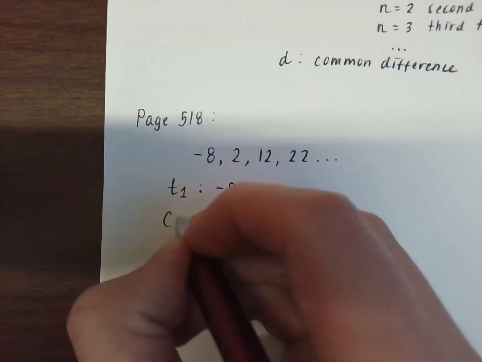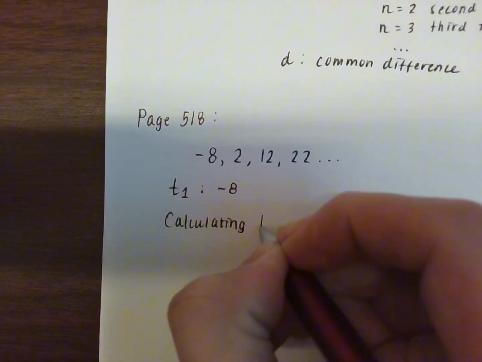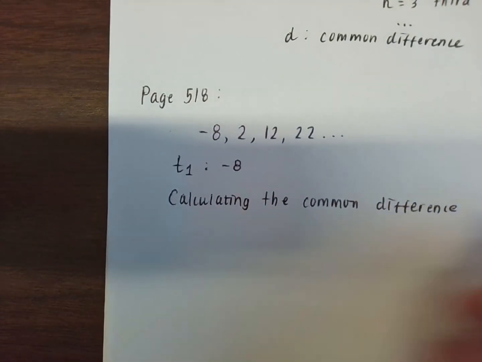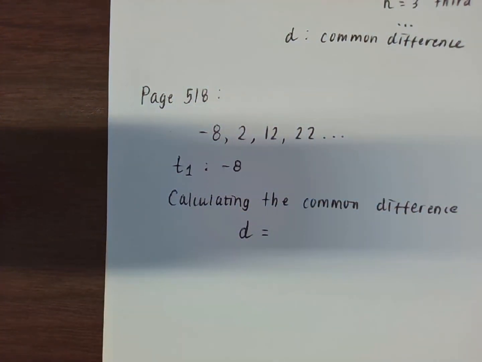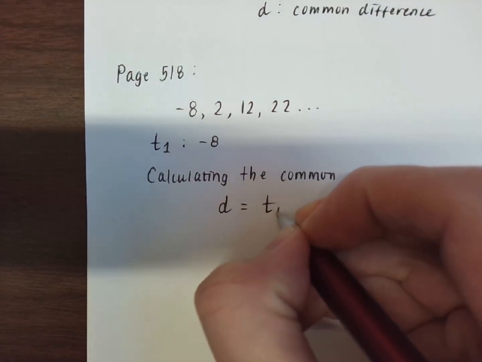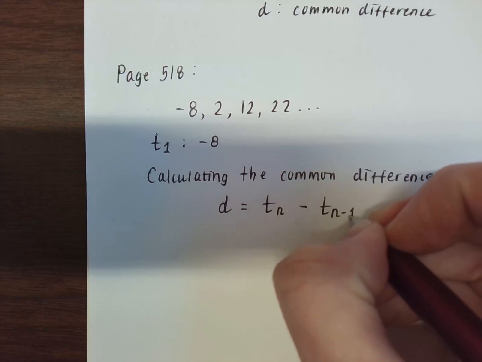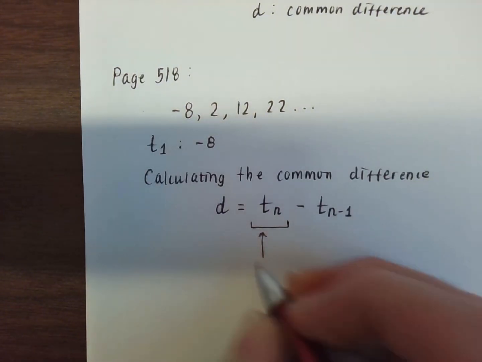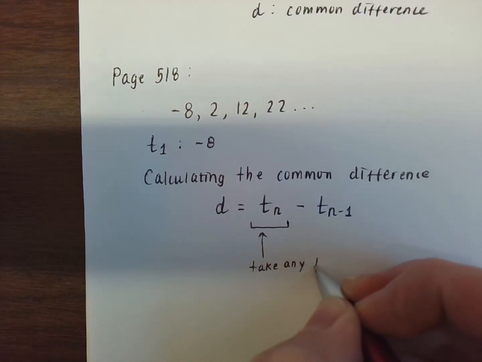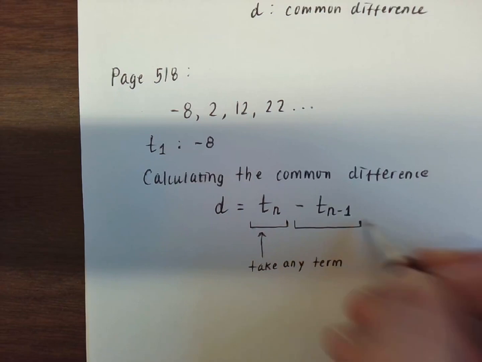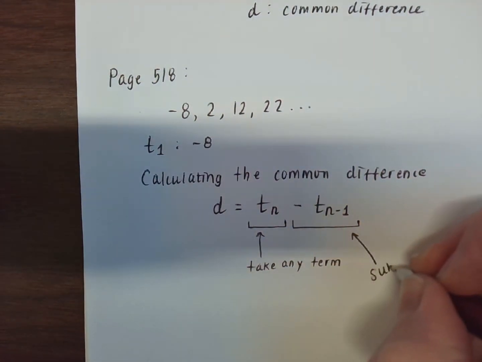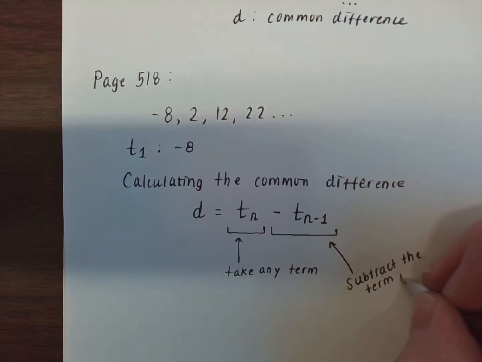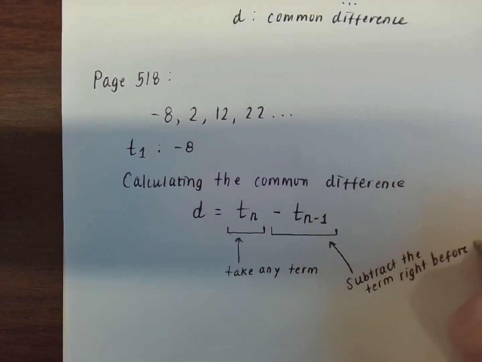One way of thinking about calculating the common difference, which is just something from the book, but you could think about it as d equals tn minus tn minus 1, which basically just means take any term, and then subtract the term right before it in the sequence.